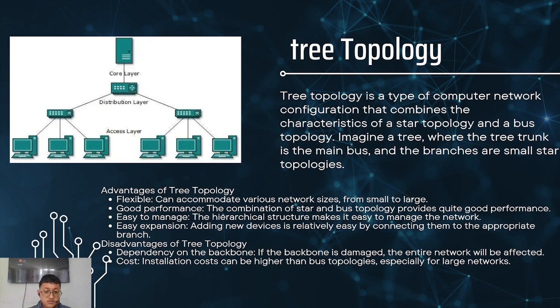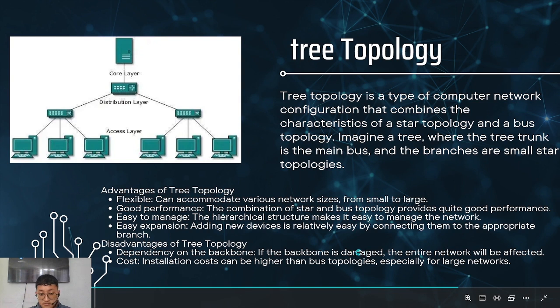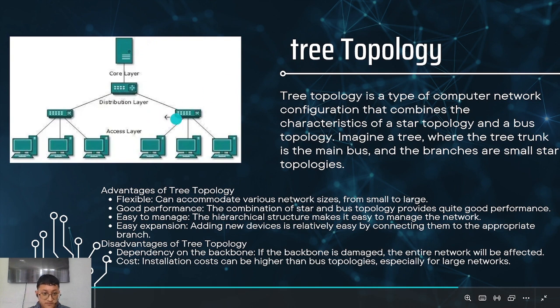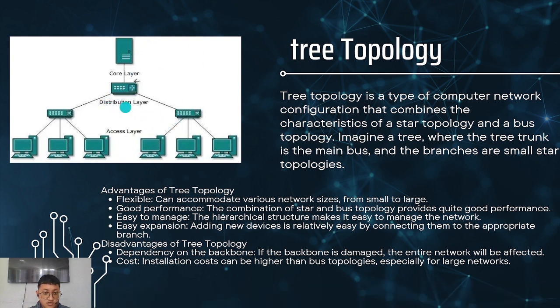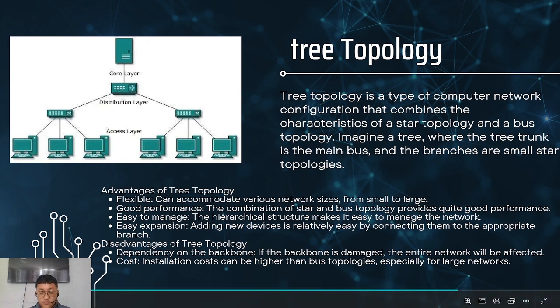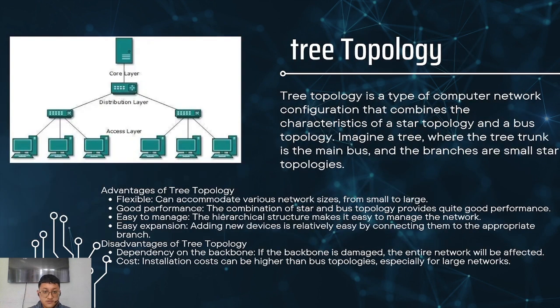It is flexible, has good performance, and is easy to manage and easy to expand. The disadvantage is dependency on the backbone: if the backbone is damaged, the entire network will be affected. The backbone is the distribution layer like this. And the cost is always higher than the others.